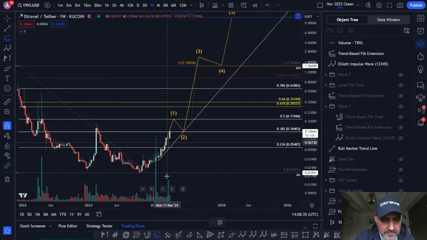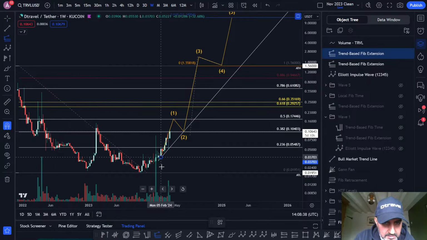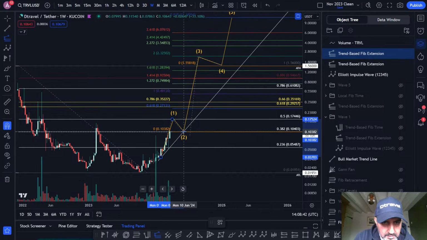We do a trend-based fib from where we started to there to there.